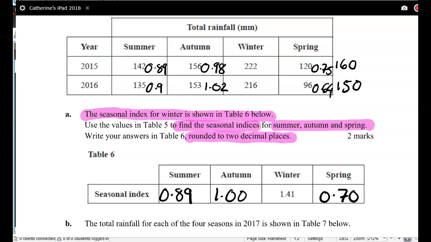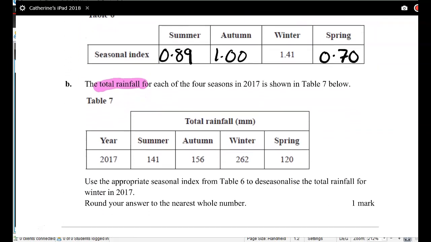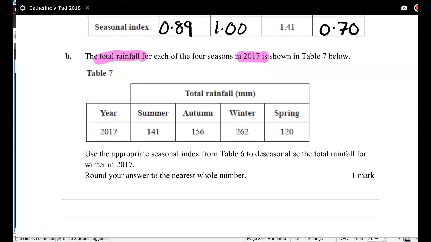So the total rainfall for each of the 4 seasons in 2017 is shown in table 7 below. There we have the total rainfall. Use the appropriate seasonal index from table 6 to deseasonalize the total rainfall for winter in 2017.